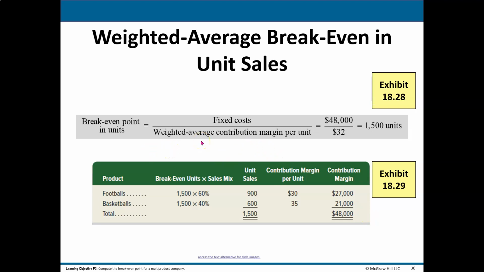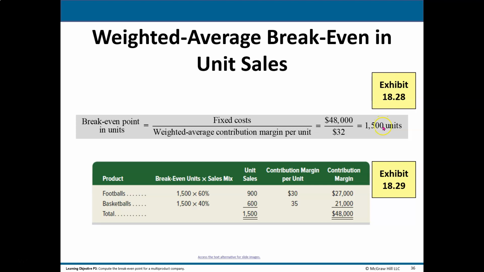So once I have my weighted average contribution margin per unit, I can now divide my fixed costs by my weighted average contribution margin per unit and get a total of 1,500 units that need to be sold in order to break even.